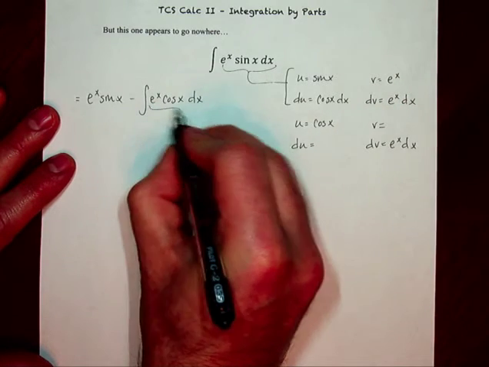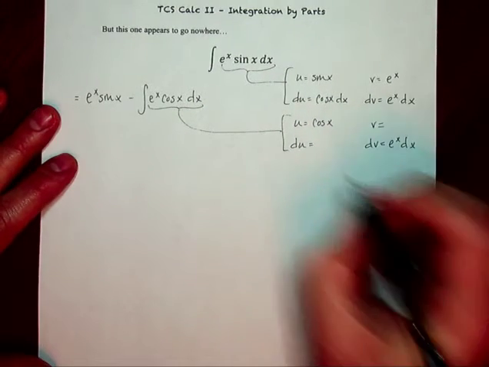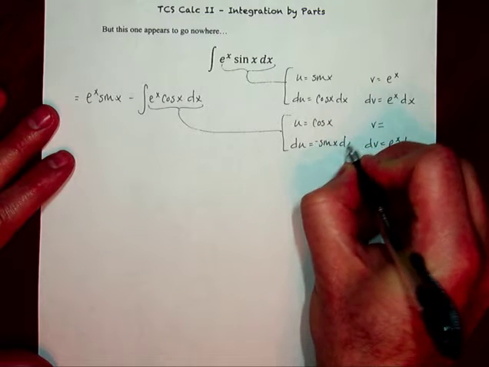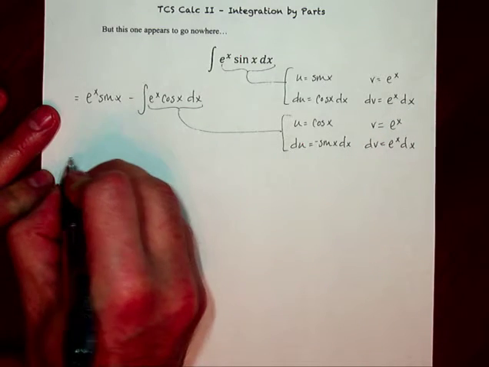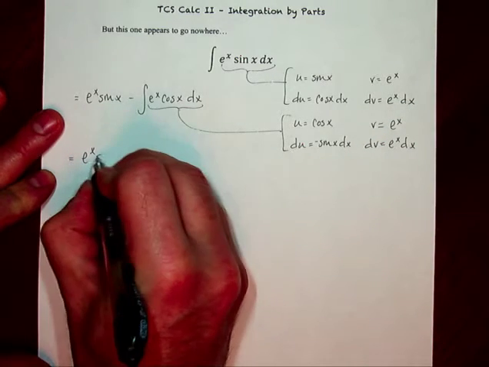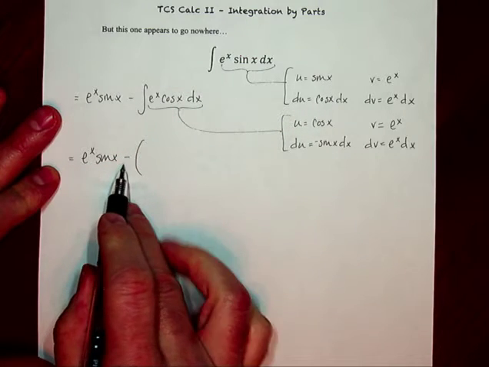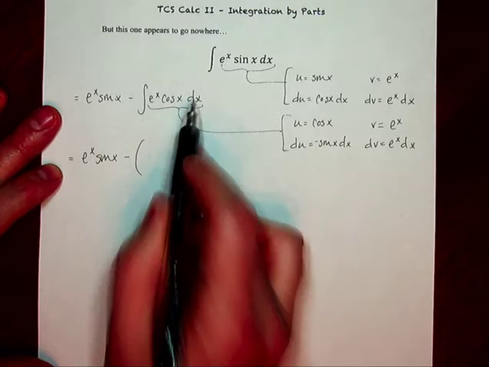Now, this integral right here is going to be this part's designation. The derivative of cosine is negative sine, but the antiderivative of e to the x is still e to the x. So we have e to the x sine x minus. Now remember, this negative needs to be distributed, because when you do parts you have a difference.